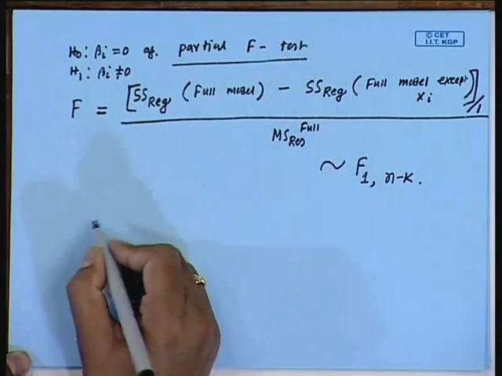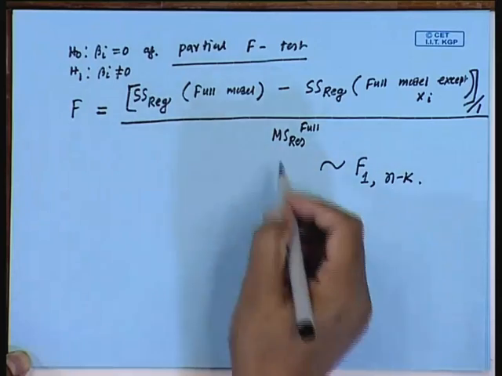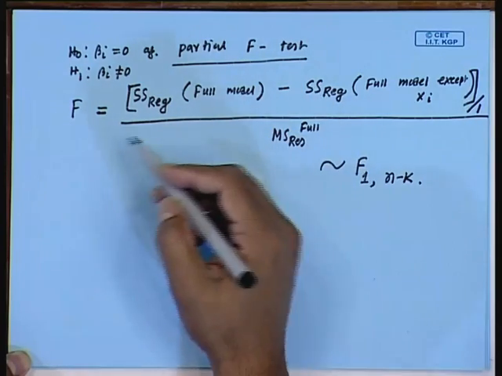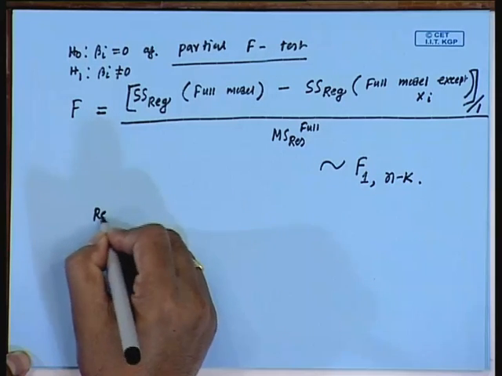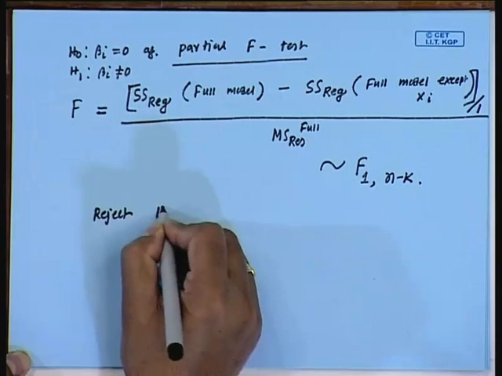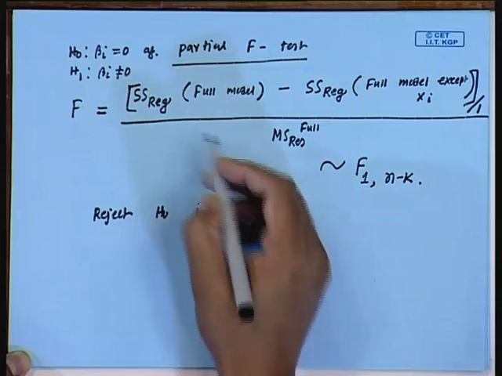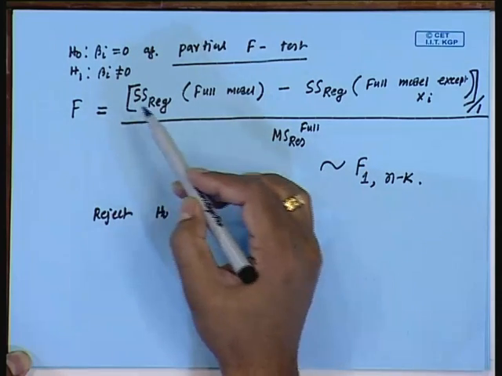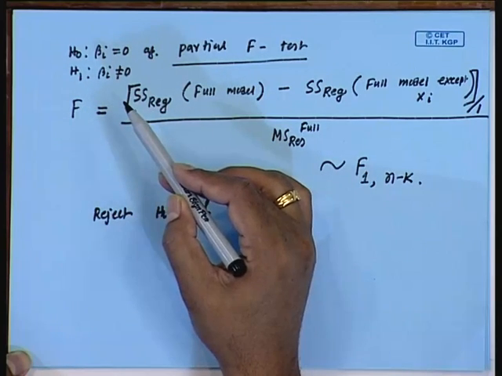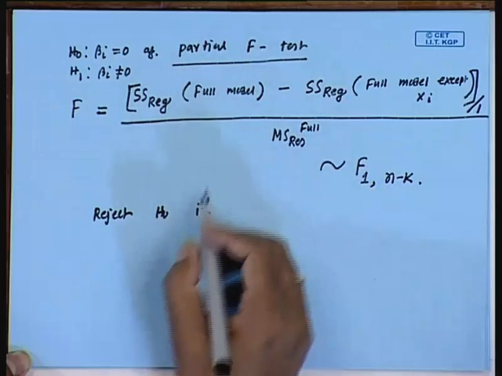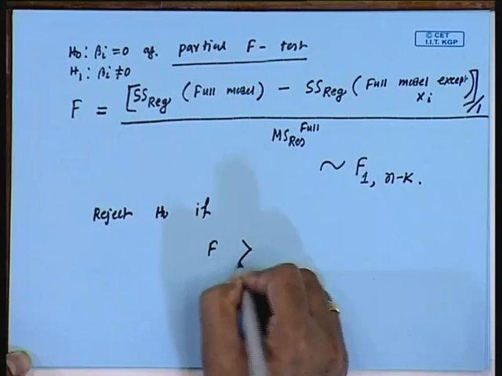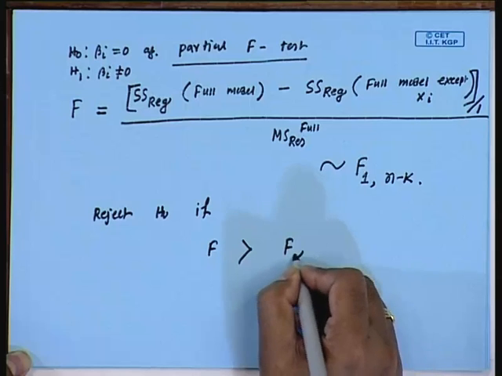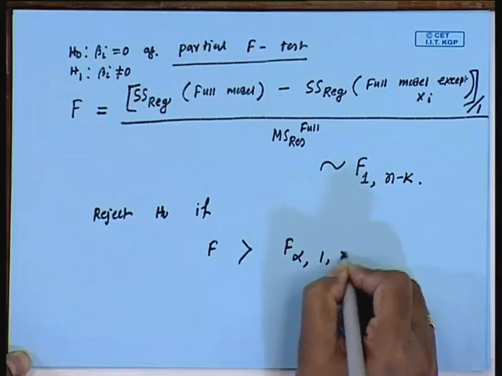This is called the partial F test statistic, and we reject H naught if F is greater than the tabulated value F alpha, 1, n minus k.